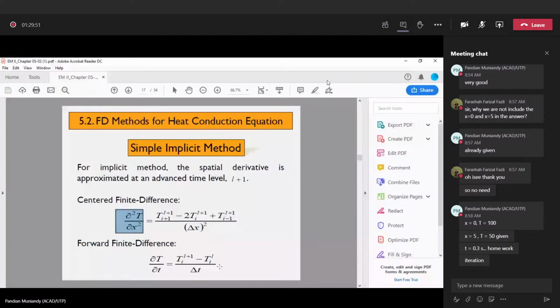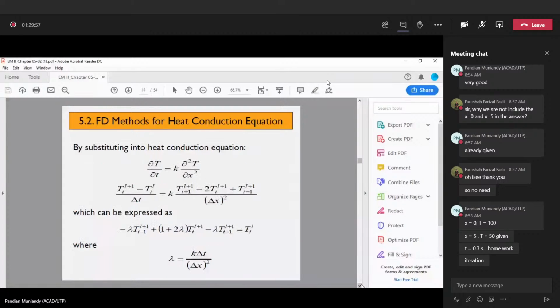Now we want to use this equation and form the matrix.